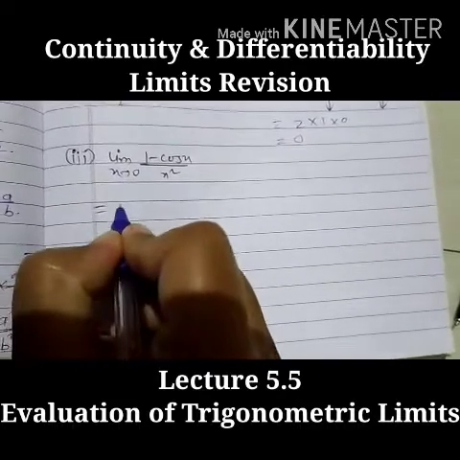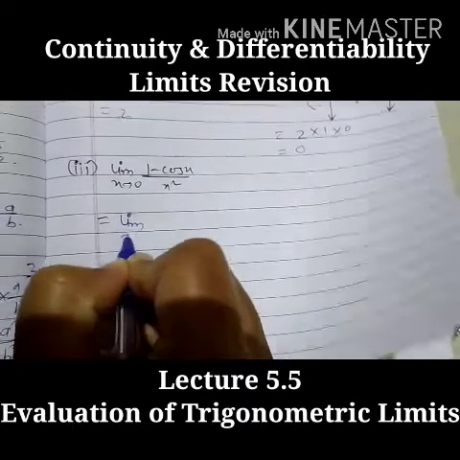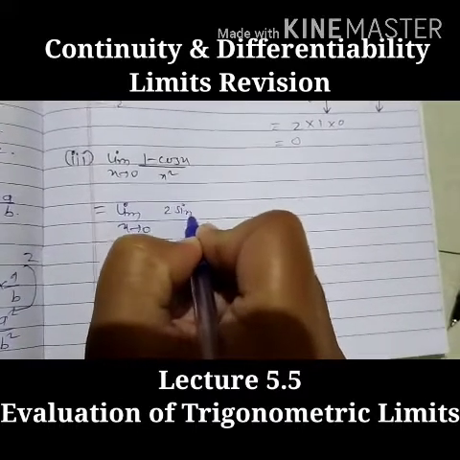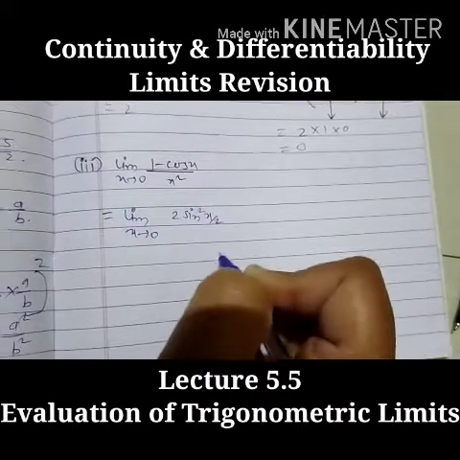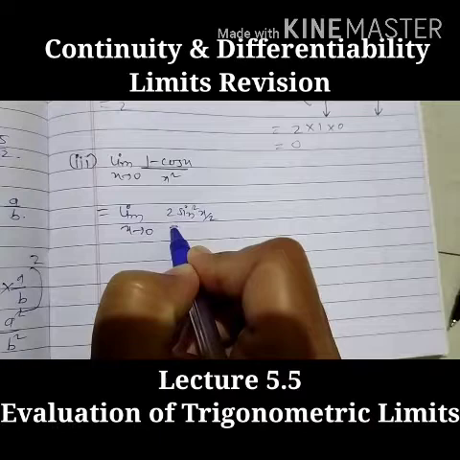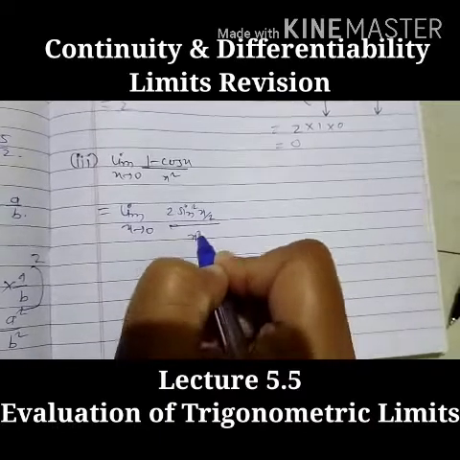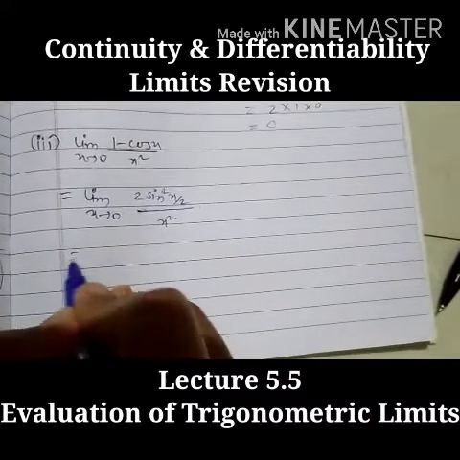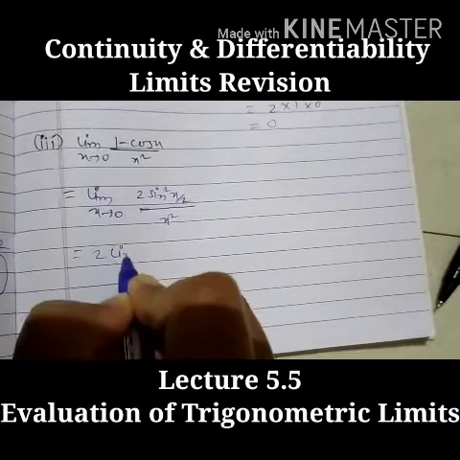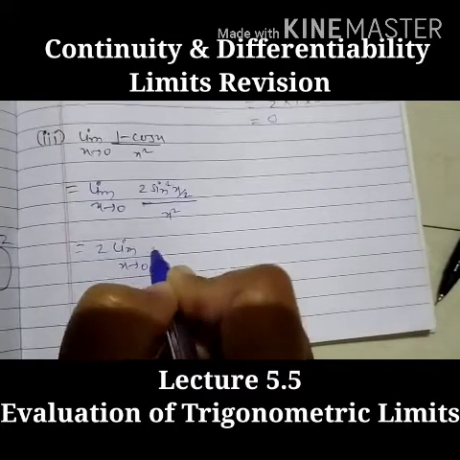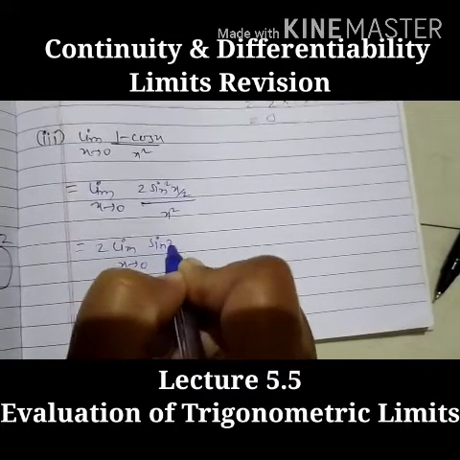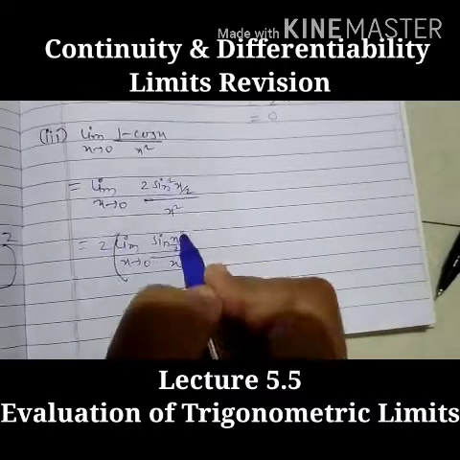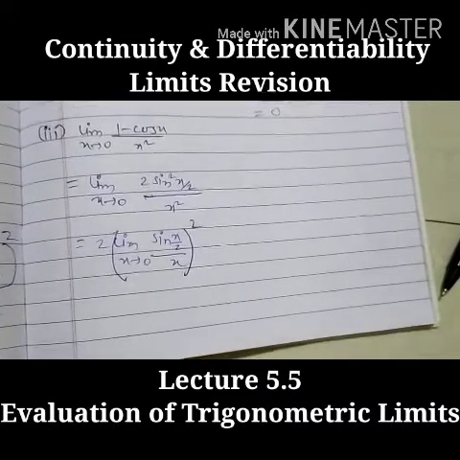So we can write this as limit as x tends to 0, 2 sin square x by 2, and upon this x square as it is. So can we write this as 2 into limit as x tends to 0 of (sin x by 2 upon x)? We'll take the limit inside now. It's square.